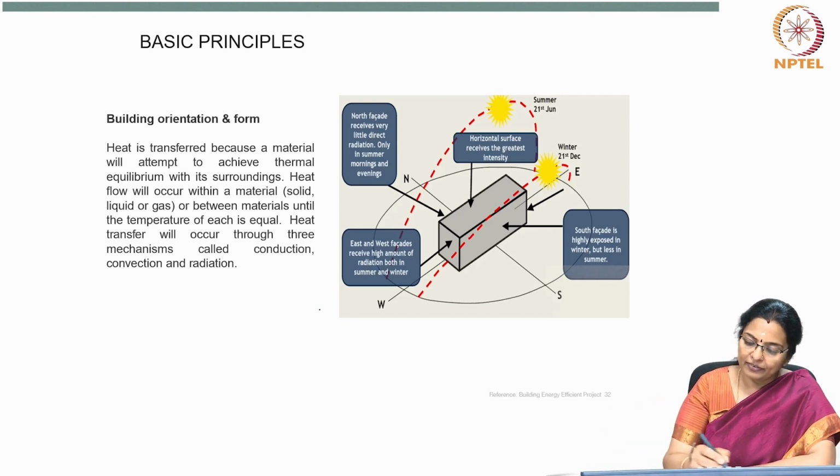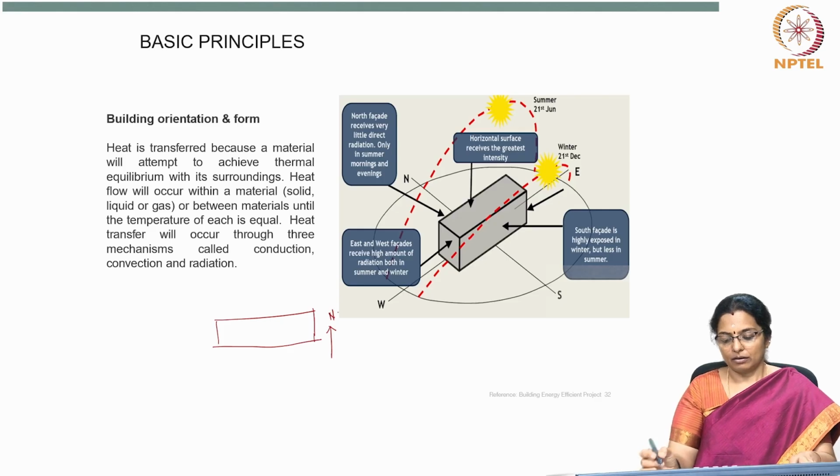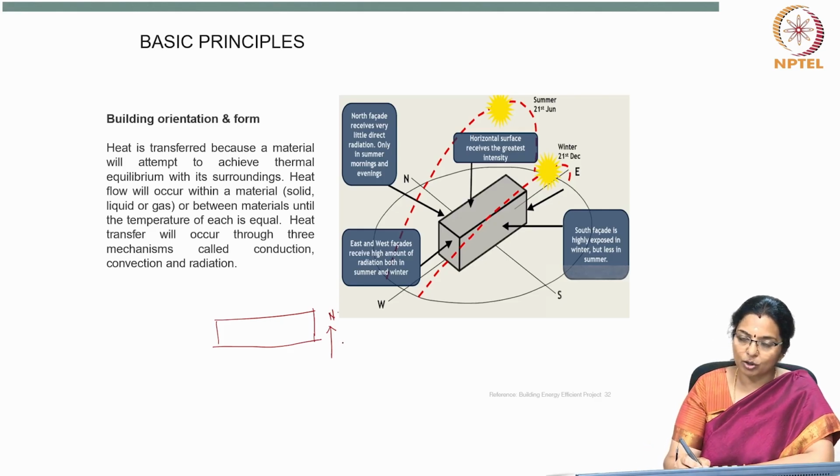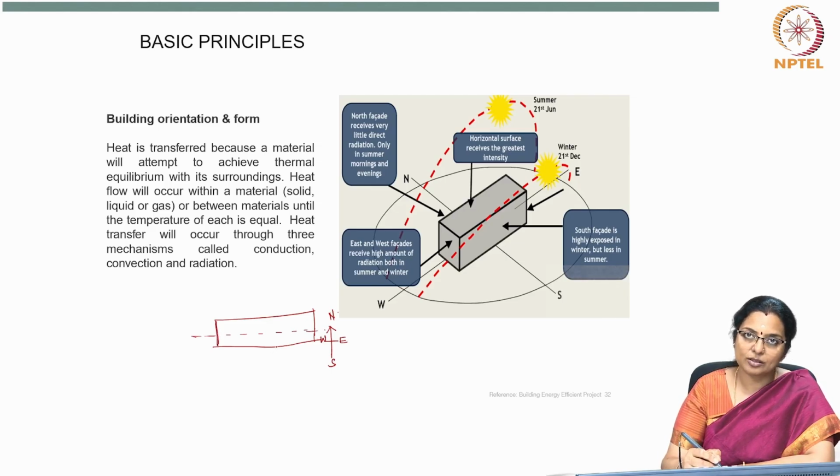So, if we look at a building plan, which has north and south as its long axis, and it has an east-west axis, you can see which direction solar radiation hits most and which direction least.